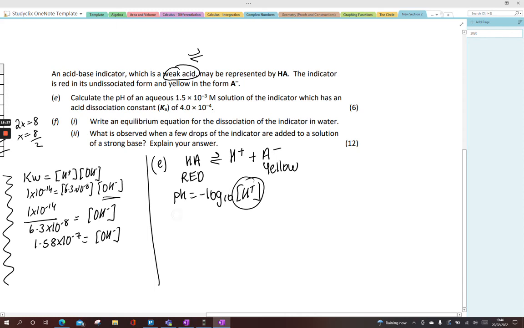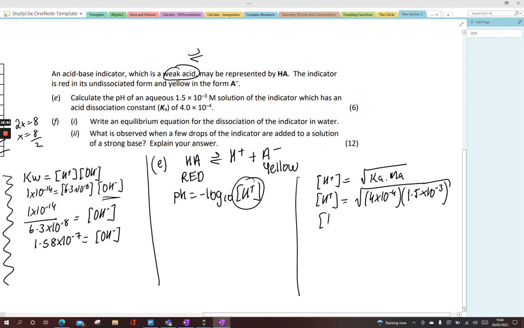The hydrogen ion concentration is the square root of Ka times Ma. So H plus, my Ka is 4 by 10 to the minus 4, and my Ma is 1.5 by 10 to the minus 3.